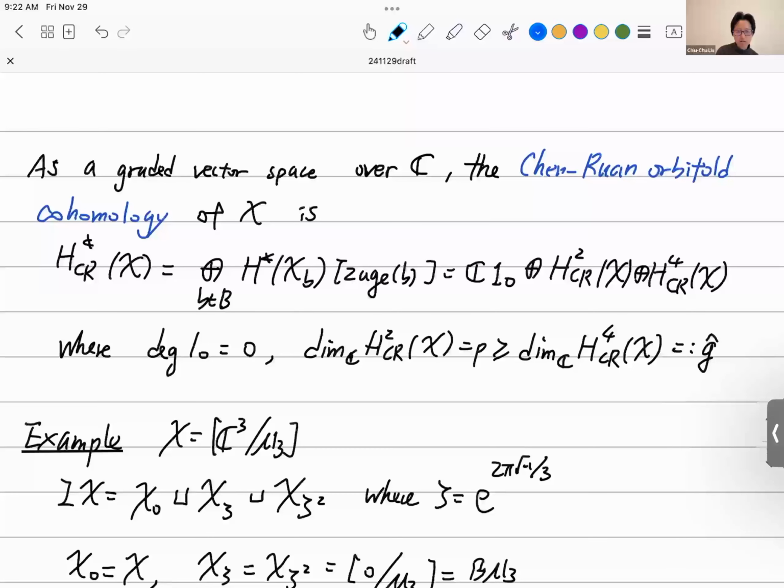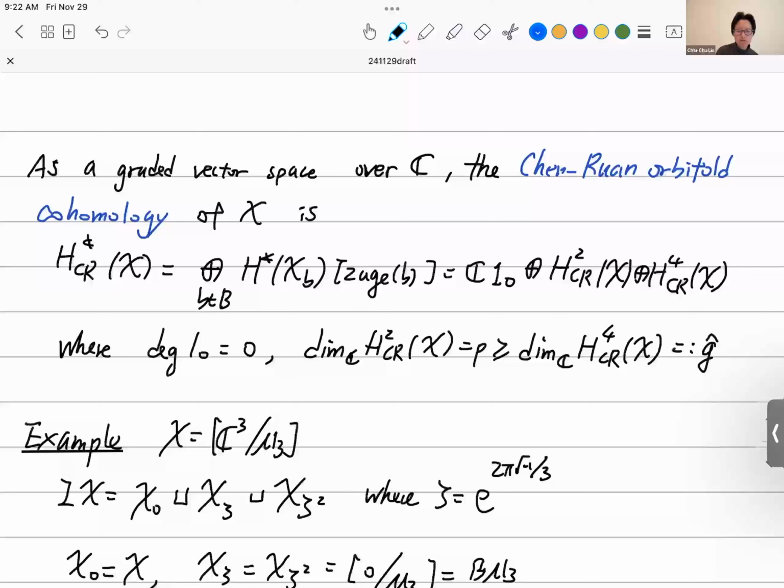So they are all complex vector spaces. If you just consider it as a C vector space, then the Chen-Ruan cohomology is the same as the cohomology of its inertia stack, and the inertia stack is a disjoint union of X_B. But then the grading is different.